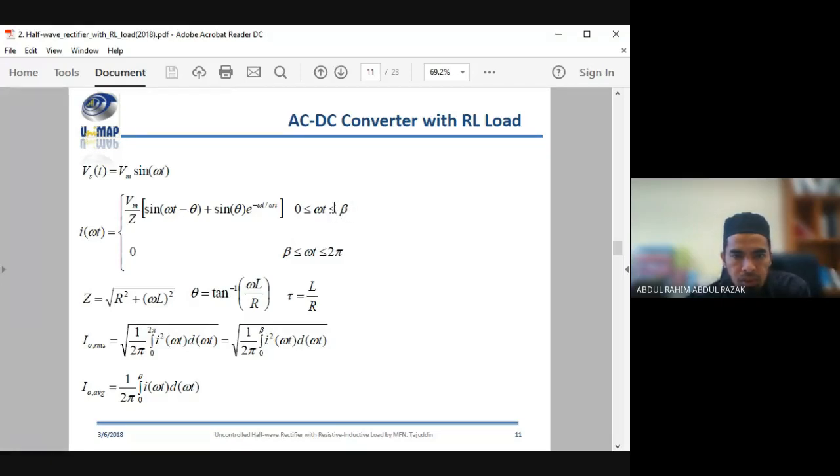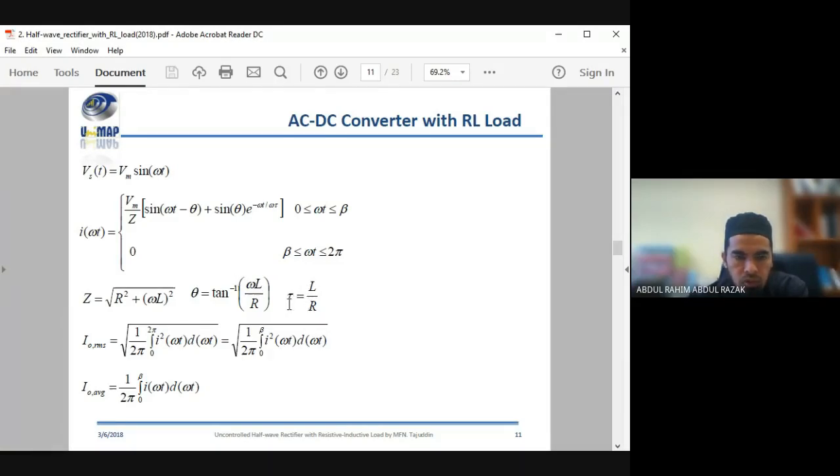And this is an uncontrolled converter, so we don't have any alpha, but we have the beta extension. It means the higher the L, the inductance that exists inside your load, the longer the beta will be.